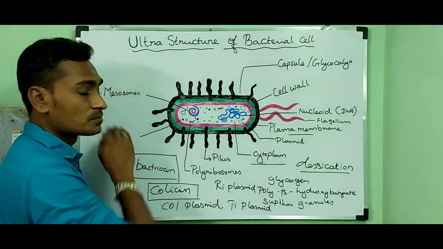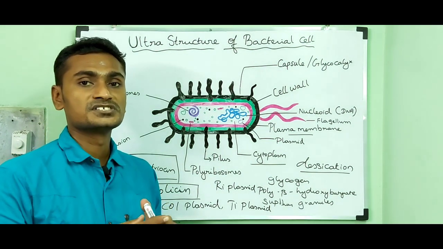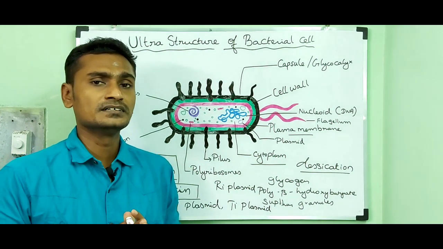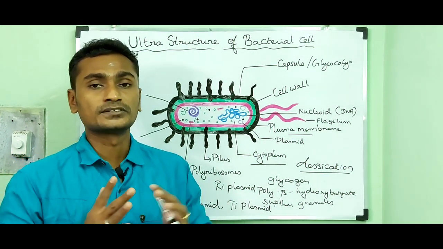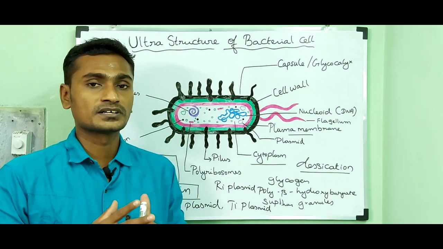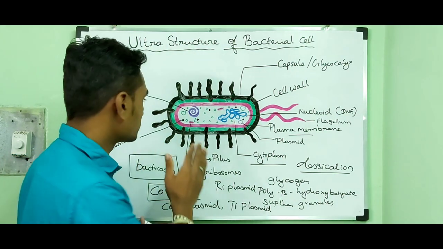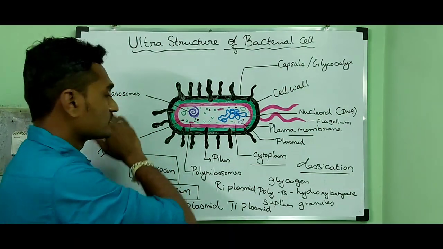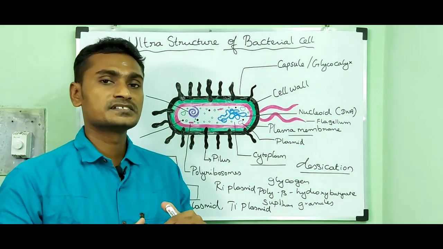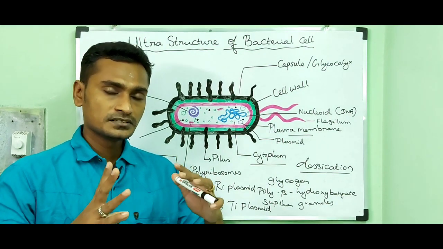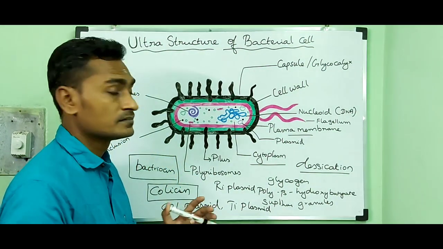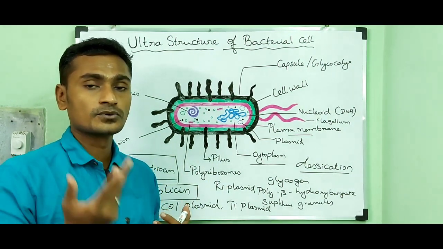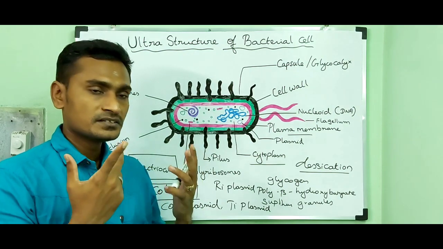In bacteria there are no mitochondria, so due to the absence of mitochondria, cellular respiration takes place in the mesosomes. And mesosomes also help in binary fission.